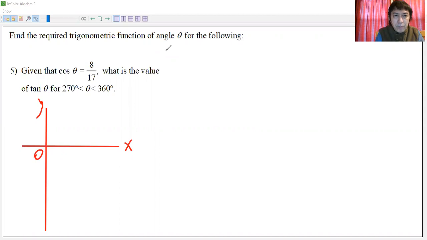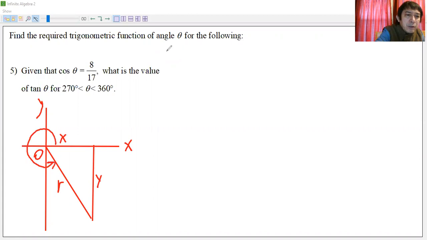Okay, now we're after tangent theta, and what we have is cosine theta. We can draw a reference triangle like this. Okay, and then this will consist of the variables x for the adjacent, y for the opposite, and r for the hypotenuse, like that. Okay, since what we have is a cosine of theta, and our theta is like this, we shall use the reference angle there, which is just the small angle here.